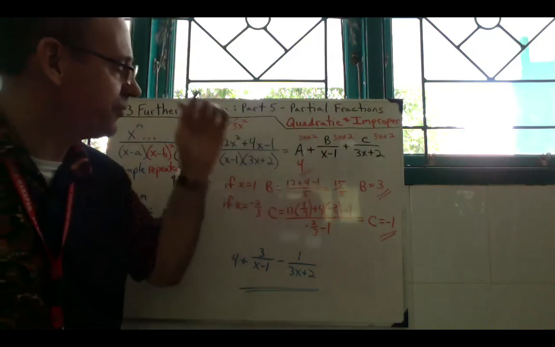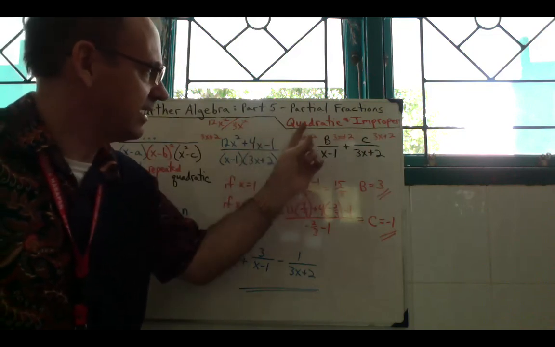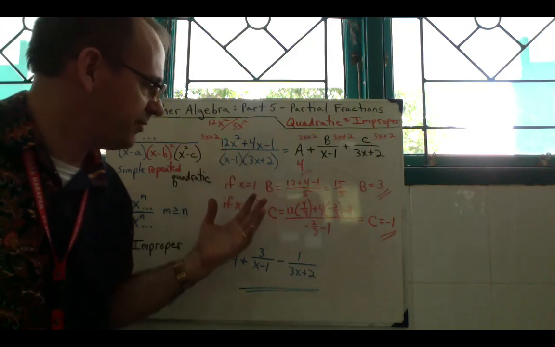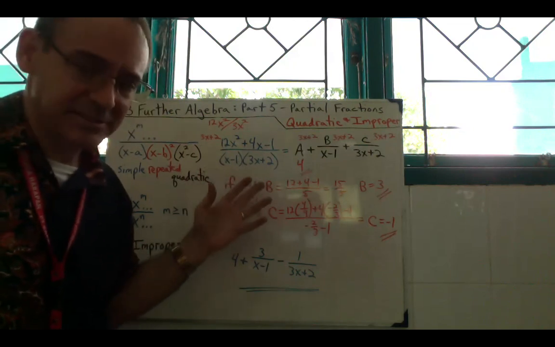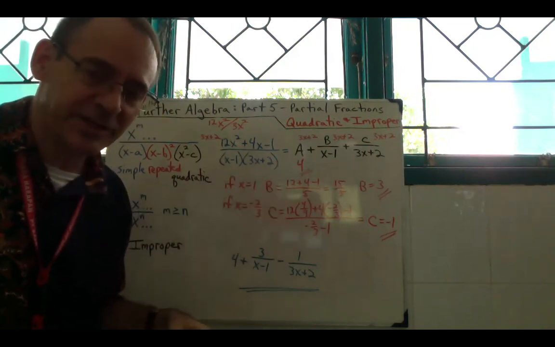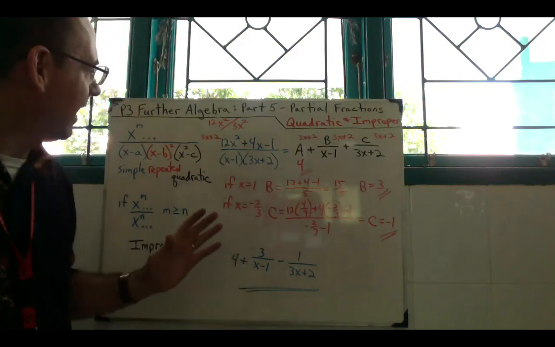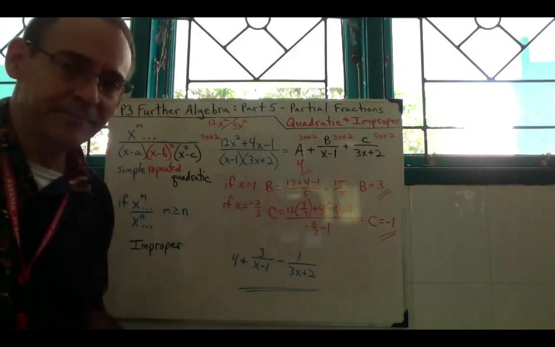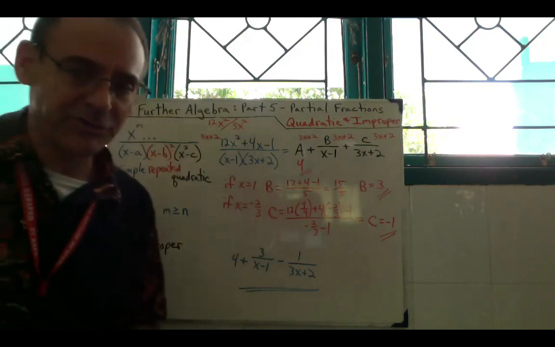So this is partial fractions, particularly looking at quadratic and improper. You also see we got a little bit of review with the simple factors here. And again, you can go back to part 4 if you want to see simple and repeated. And we're in the further algebra here.